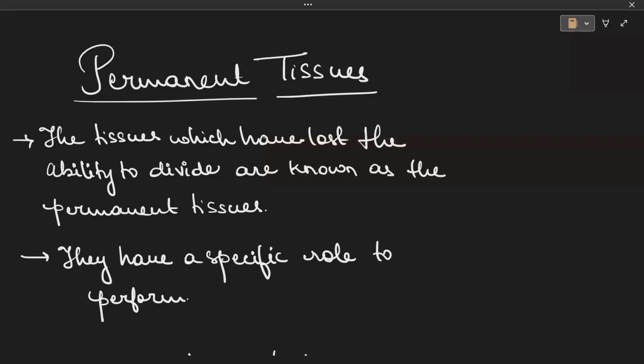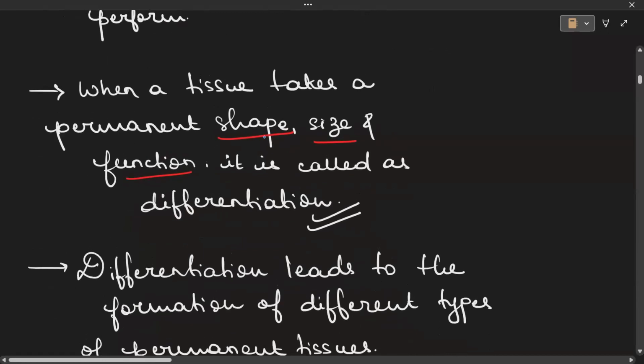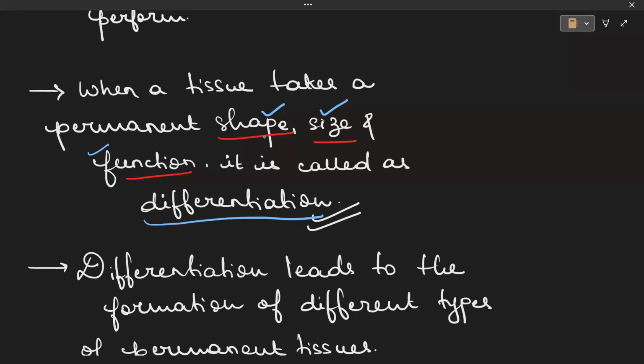So the permanent tissues, the tissues which have lost the ability to divide, have a specific role to perform. Whenever a tissue takes a permanent shape, a permanent size, and a permanent function, this whole process is known as differentiation.